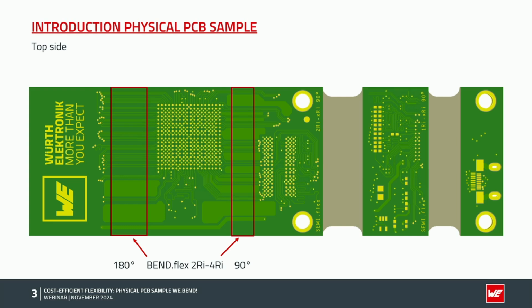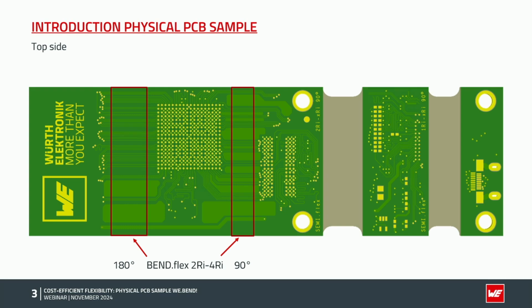In this case, those areas can have 2 copper layers in the bending areas, and we have the one on the left side which can be bent with 180 degree and the other one can be bent with 90 degree. The areas are bent with 3 mm bending radius.